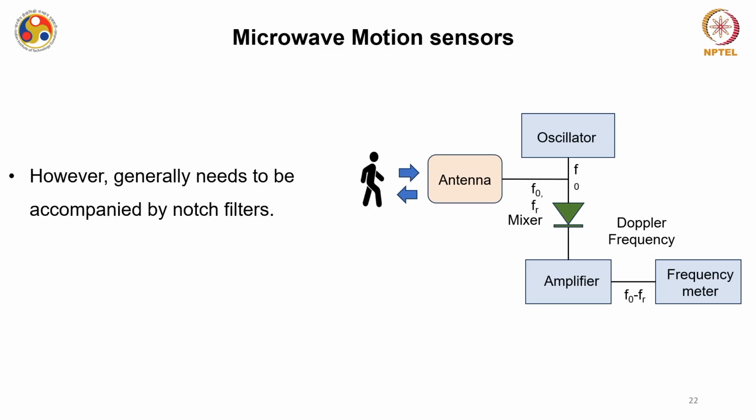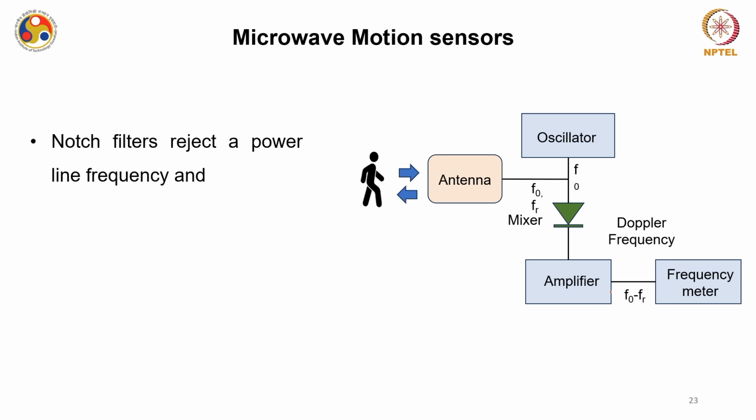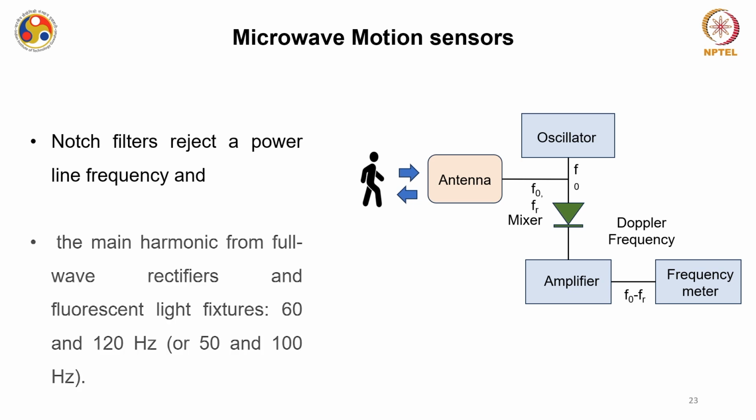However, usually it will need another filter, which is a notch filter. What the notch filter will do is reject the power line frequency, and the main harmonic from the full wave rectifier, which is in the range of say 60 to 120 hertz.